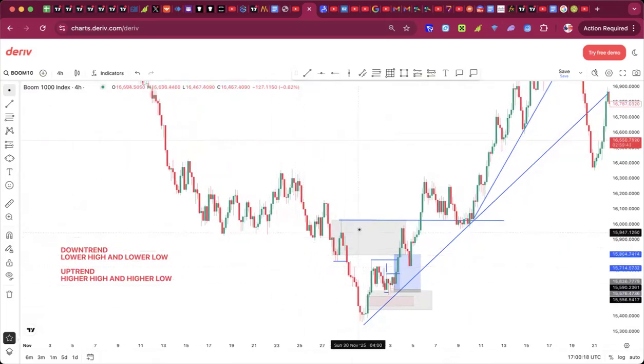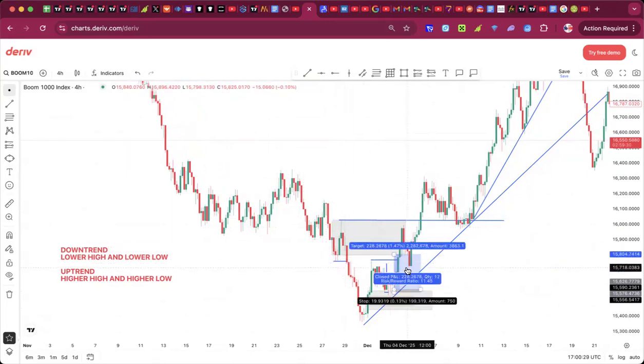You are still working as though this other block will be mitigated. So that means if you are working based on that other block, you may be targeting here.